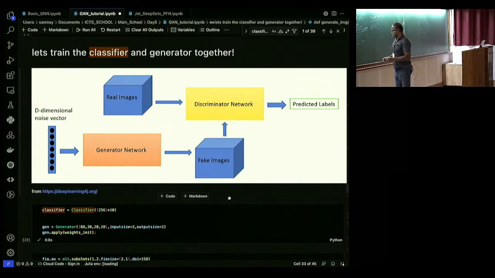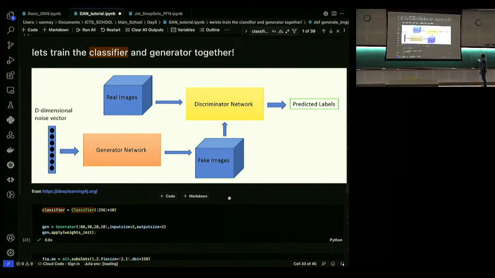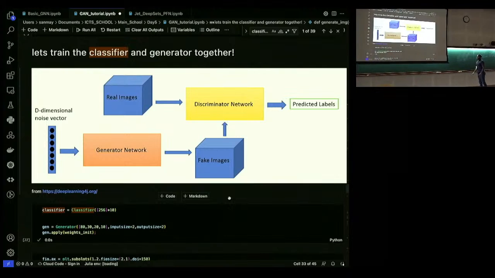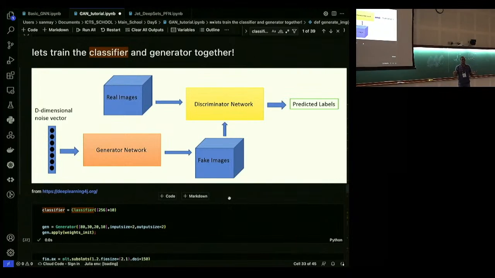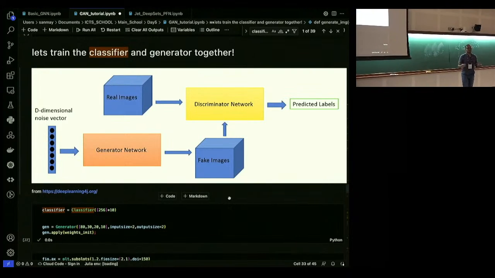The whole issue here is we will have some G(z), which will take as input some z, which is a random noise. It will give output some synthetic data, artificial data, which we are just generating.